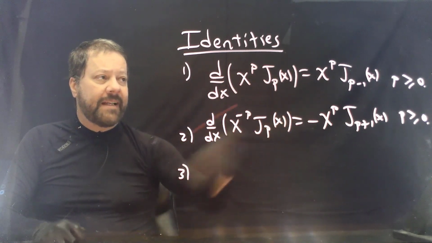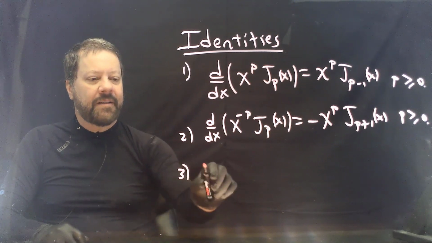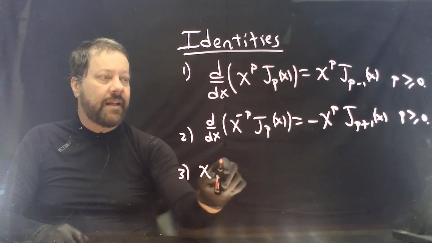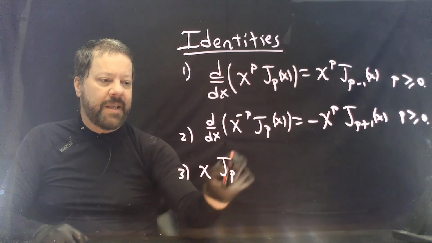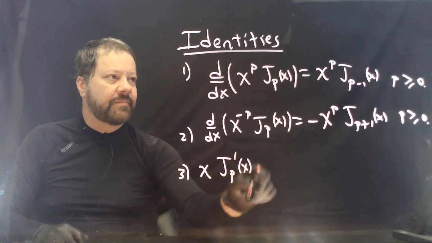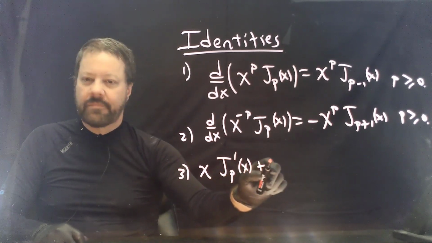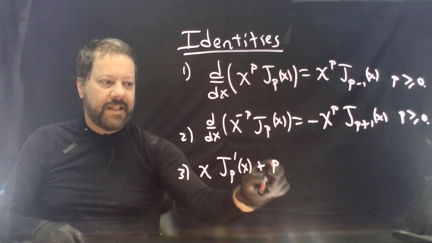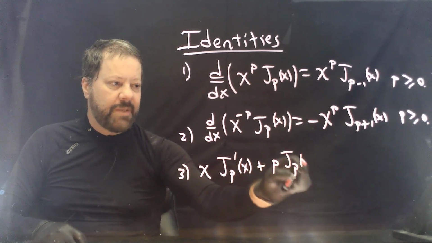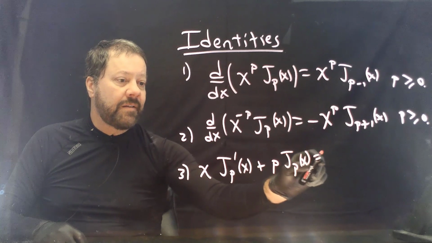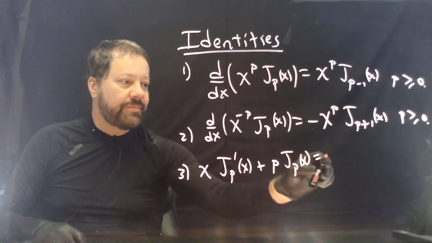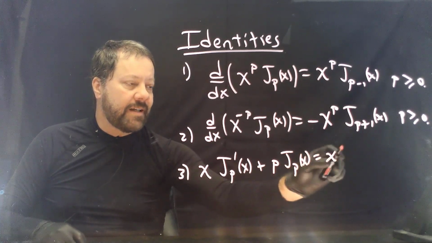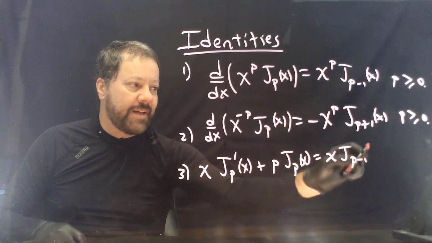It follows immediately from the first identity that x times J_p prime plus p times J_p of x is equal to x times J_{p-1} of x.